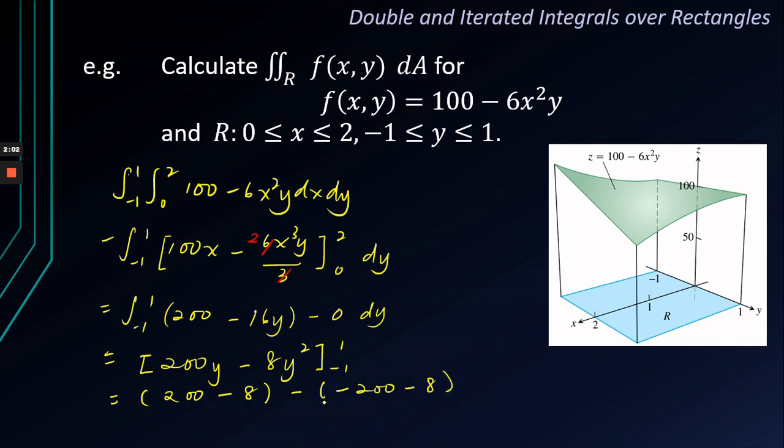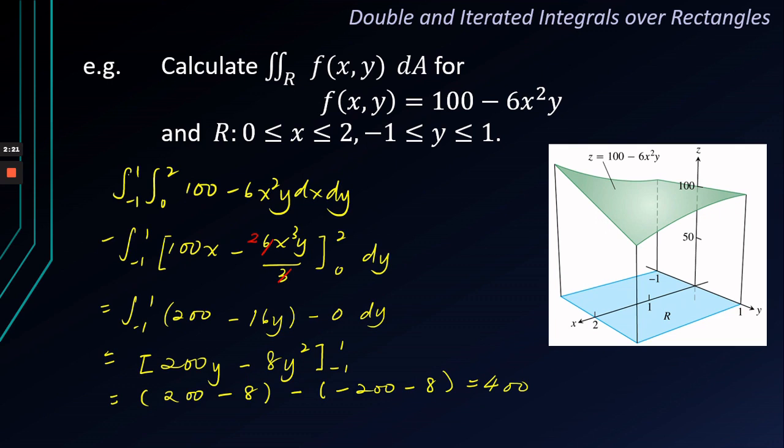So 200 minus -200, we get 400, and -8 minus -8, you get 0. So we will get 400. That's how we do the integration.